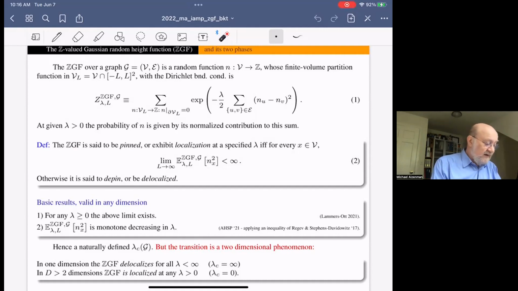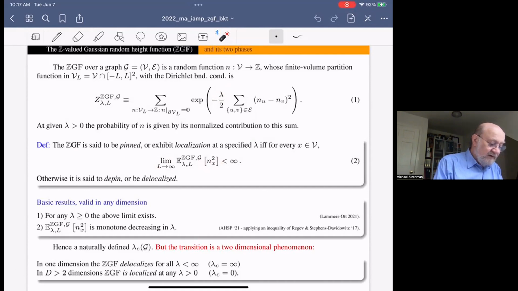Now, the basic results which are valid in any dimension are that for any value of this coupling constant lambda, the infinite volume limit exists, namely, as you may intuitively expect, as you send the boundary away, the fluctuation, the variance at the origin only grows. It's monotone in the volume. So for that reason, the limit L tends to infinity exists. It may be finite or not.